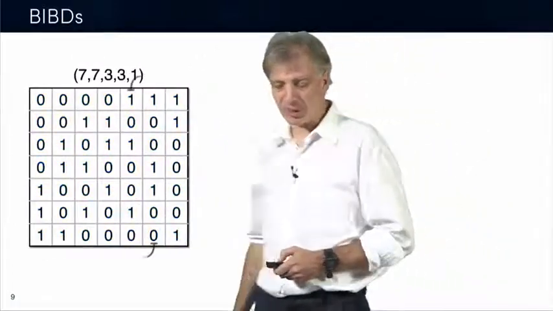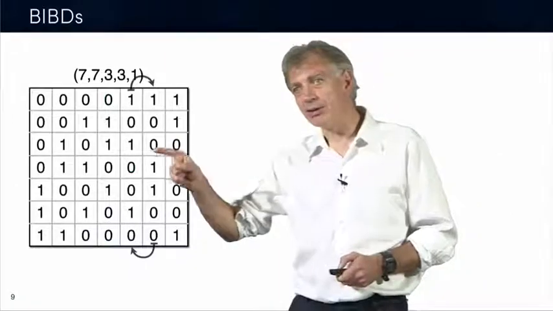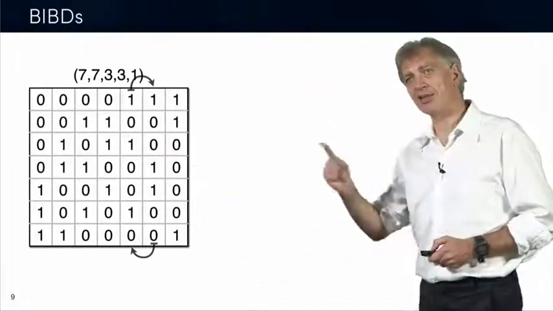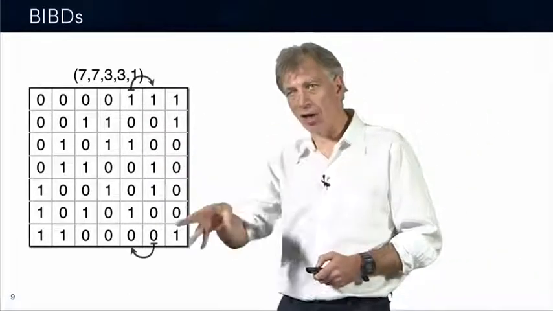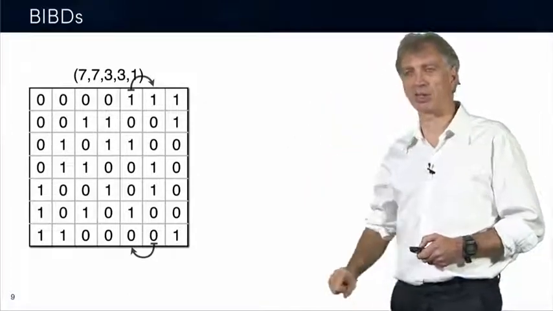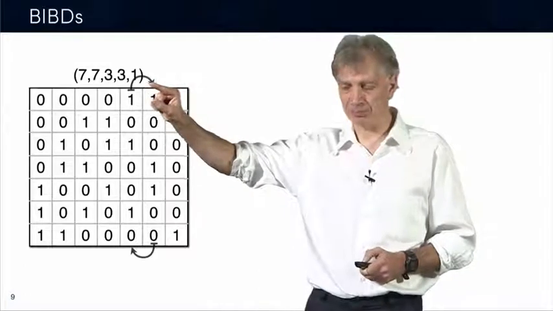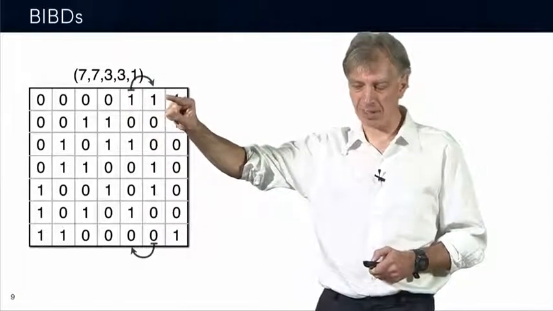Now, in this particular example, what I want to do as well is also break the column symmetries. And actually, this is an interesting problem because I can break both the row and the column symmetries at the same time and preserve at least one solution per symmetry group. So that's what you see over there. You see that this column here is not lexicographically smaller than this one. Why?